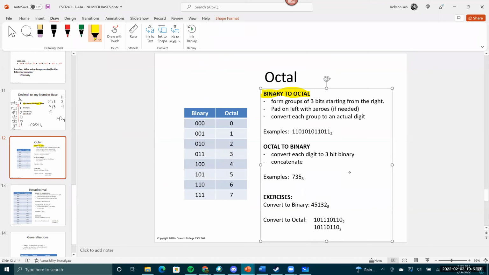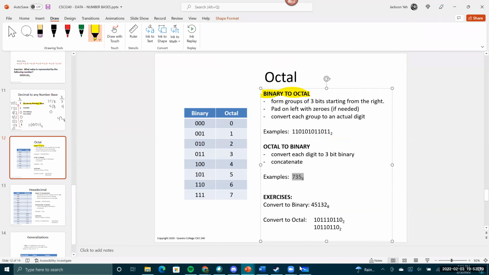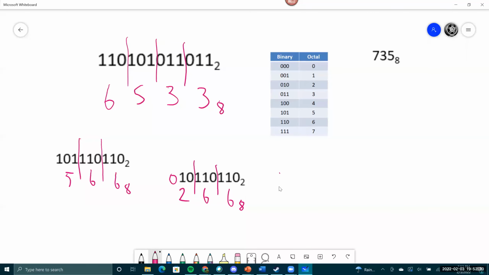So we have 735 here. What you want to do is take each digit and do the exact opposite. I'm going to take each octal digit and convert it into binary.